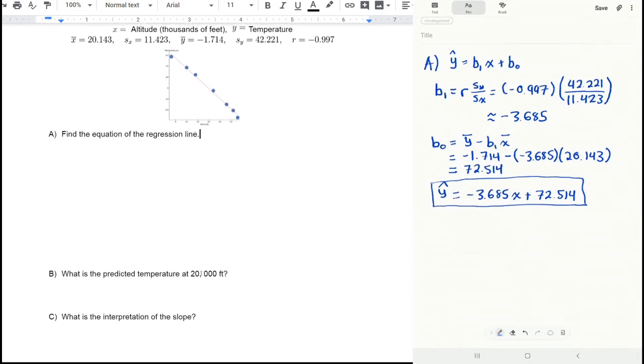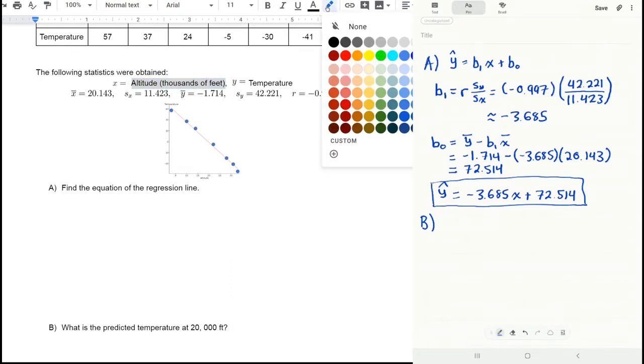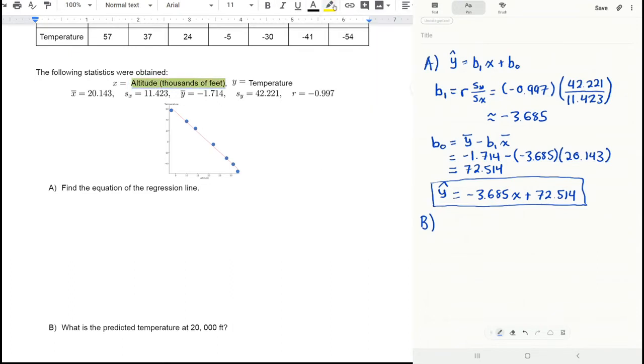Okay, so now let's use this line to predict the temperature at 20,000 feet. Now here, we're given that the x variable, which is the altitude, is measured in thousands of feet. So we do have to pay attention to the units of our variables.